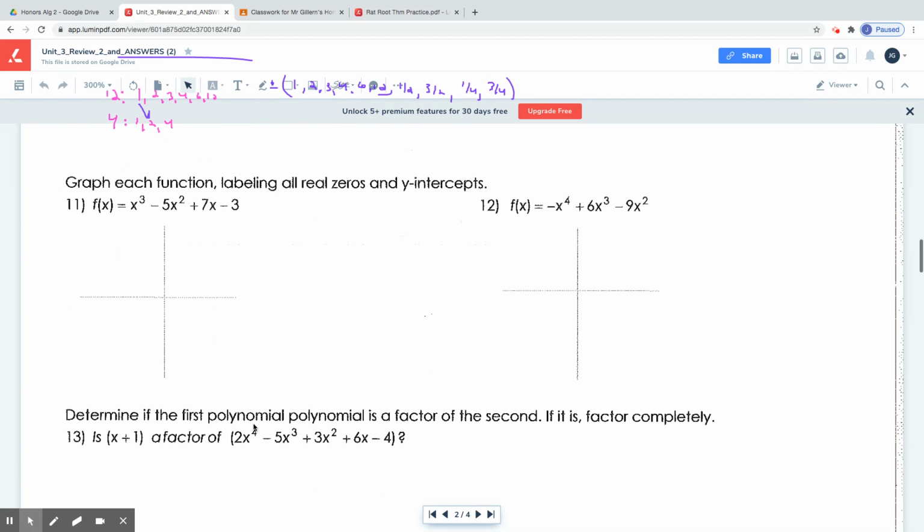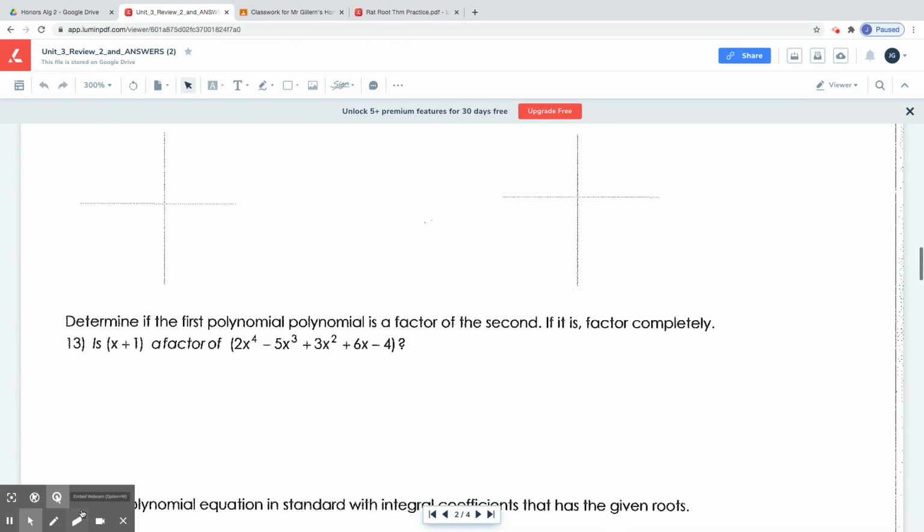All right. And then the last one is 13, determining if it's a factor, and if it is, factor completely. So this is where we take our -1 and we do our synthetic division. So I have 2, -5, 3, 6, -4. 2, -2, -7, 7, 10, -10, -4, multiply, get 4, get 0.